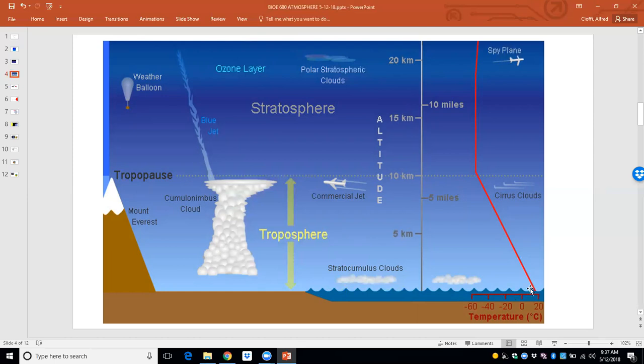It goes right through 0, and the temperature drops fairly fast going up away from the surface of the Earth because of radiation, right? Radiation is dissipating. And so by the time we get to the tropopause, it's below 0, between minus 20 and minus 40 degrees. So definitely water is freezing up there.